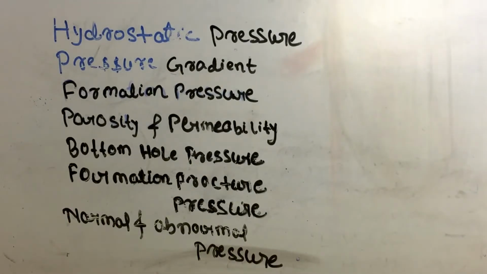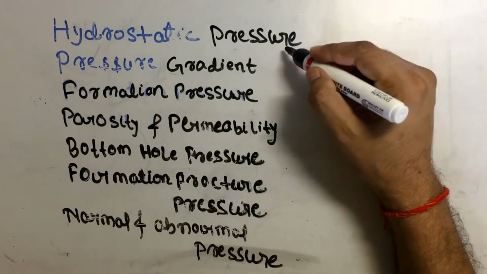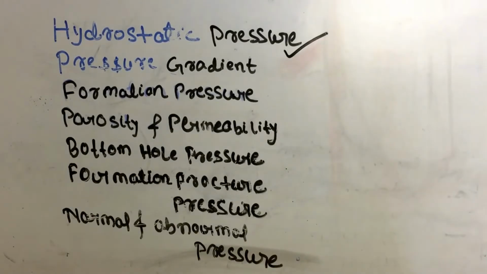Now I am going to start pressure gradient. It is also known as fluid gradient. Pressure gradient is the change in pressure per unit of depth, which is constant for a constant mud density column.